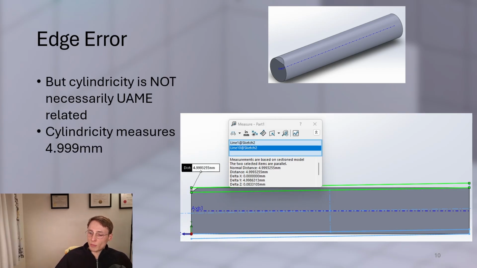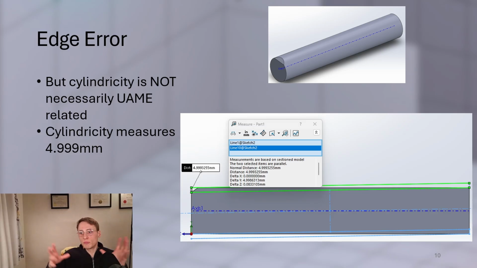And that more optimal orientation is at an angle so that the inner cylinder touches the bottom of the edge error at one end and the outside of the cylinder at the other end. And if you were to do this, you would measure a cylindricity of 4.999 millimeters, which is less than the circularity measurement. And you may be saying, well, why does this matter?